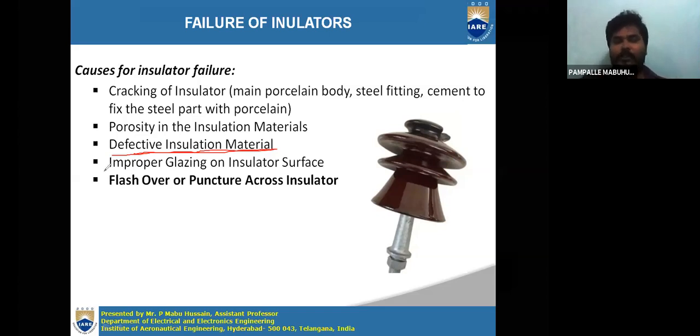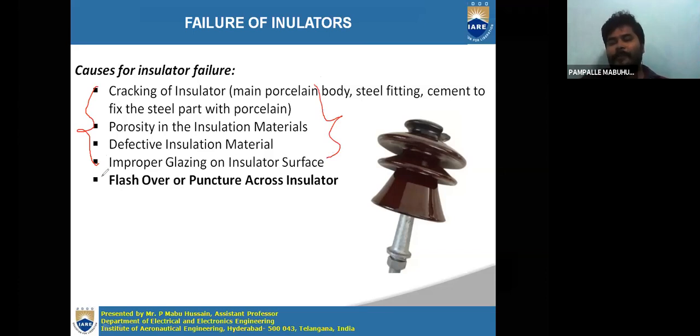Also, if you use improper glazing on the insulator surface, there will be more chances of failure of the insulator. These are manufacturing defects. While designing the insulator, you have to take care that these are not there.